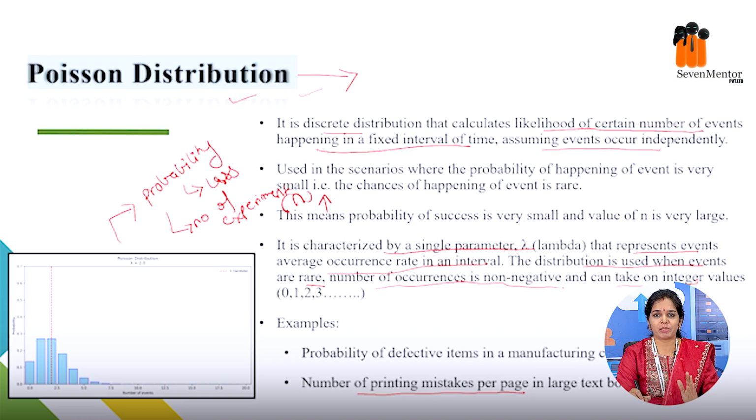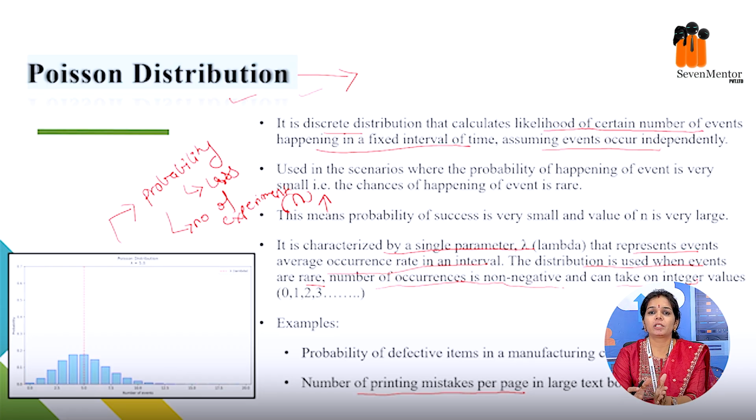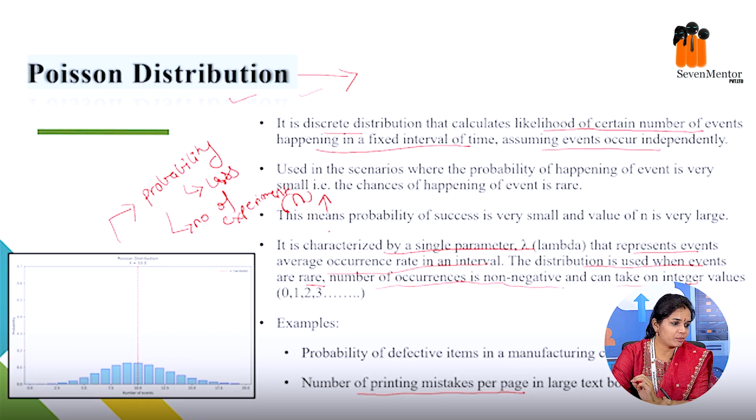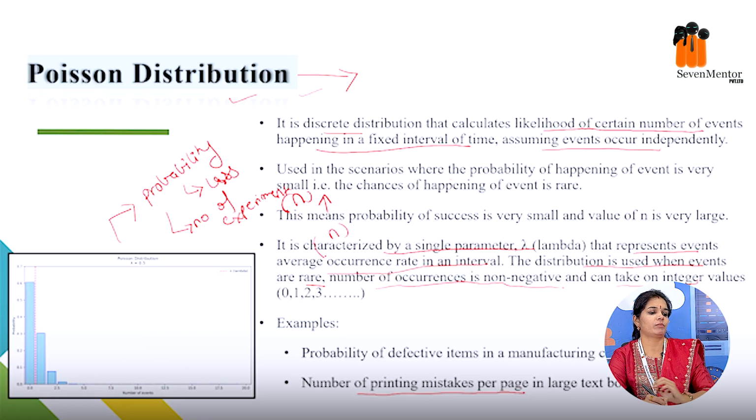But just try to remember in what case the Poisson distribution will be used and how it will be useful for us: where the events or outcomes are very few and the experiments are very many. N is the number of experiments.